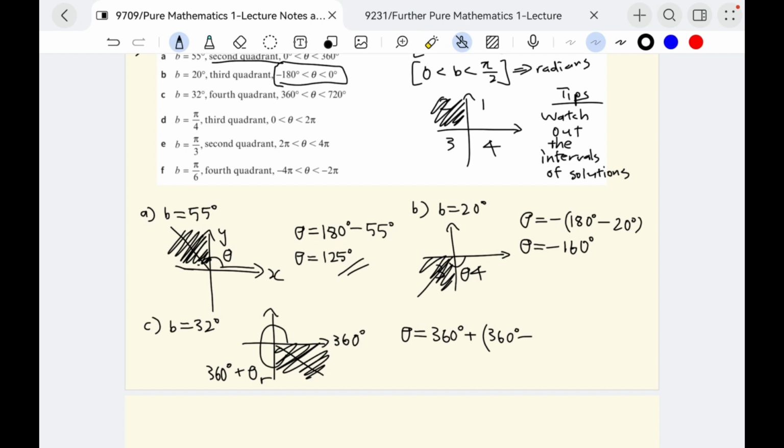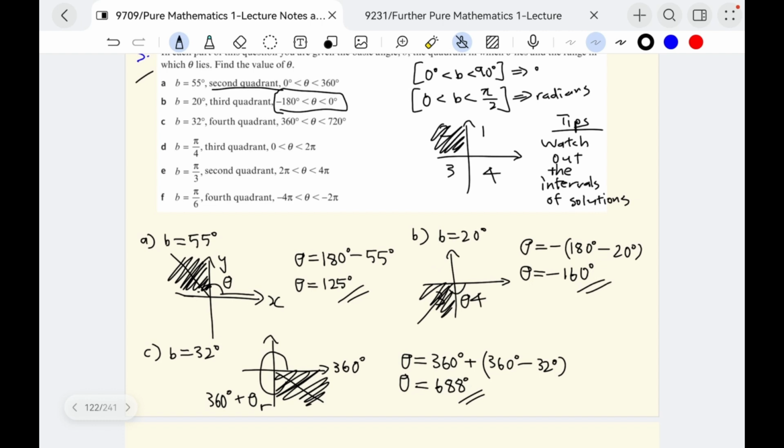Then it starts to subtend its base angle, keeps going into quadrant 4 and stops there. So the answer goes to 688 degrees.